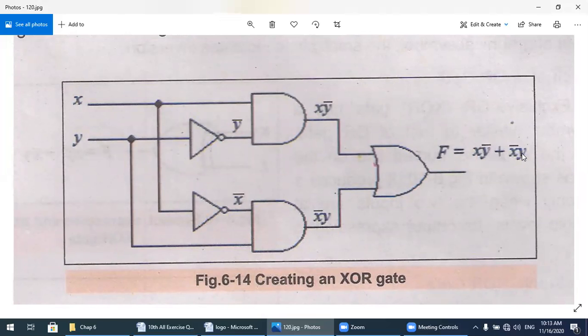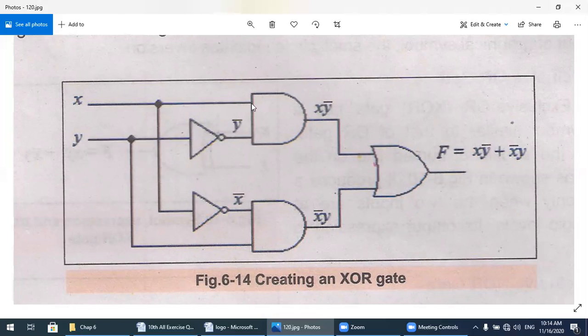To create this equation with the help of basic gates, watch here, this is the x input, this is the y input. So the first term is x and y complement. First x is going over here on the top line, and y complement: watch here, this straight line, when it passes through the NOT gate, becomes y complement.